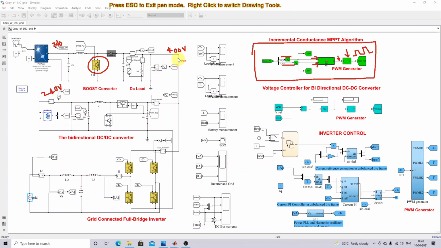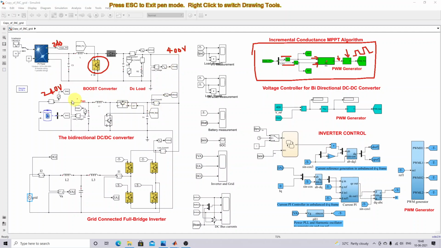So here we choose the bus voltage around 400 because it will be connected to the single phase grid. So we need to maintain the bus voltage around 400, the nominal voltage used for connecting with the single phase grid. So our aim here is to maintain the voltage at 400 in the DC bus.